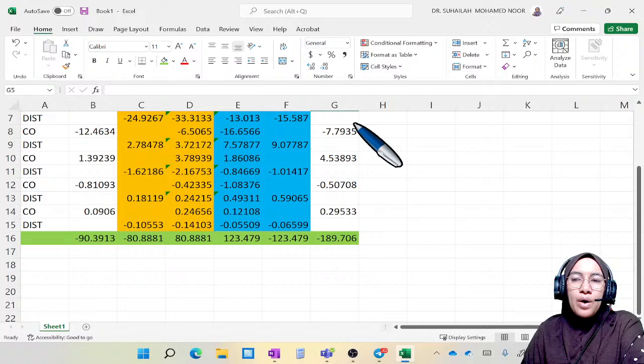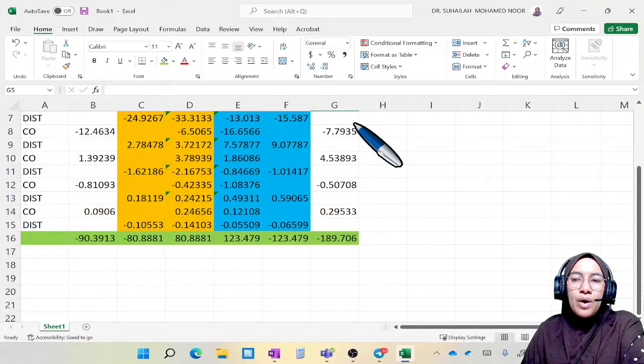This is moment. And M BC prime is equal to 80.9 kilonewton meter, one negative, one positive. Then we have 123.5.